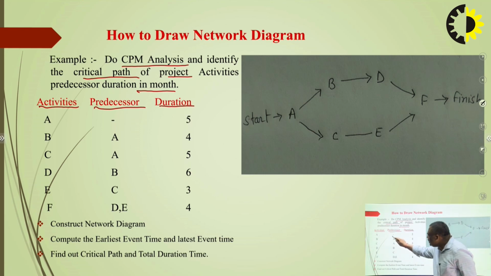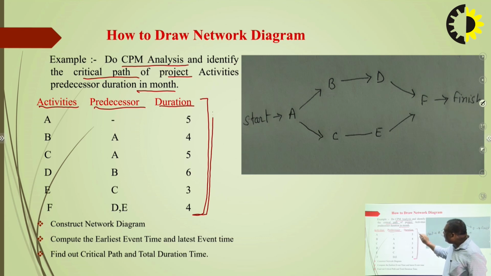After completion of A, C will start. But initially A has no predecessors, which means A is the starting point. So with this table, or math table, we can calculate the critical path and the total duration.